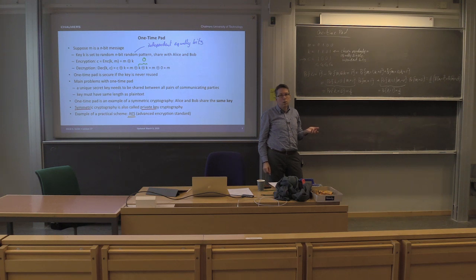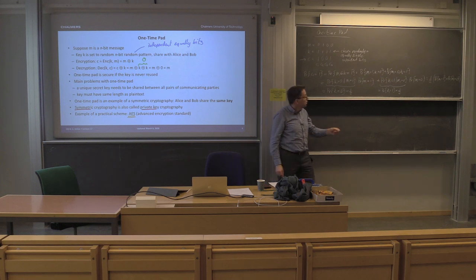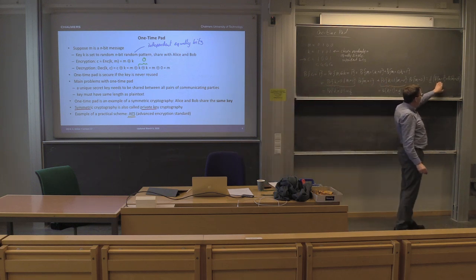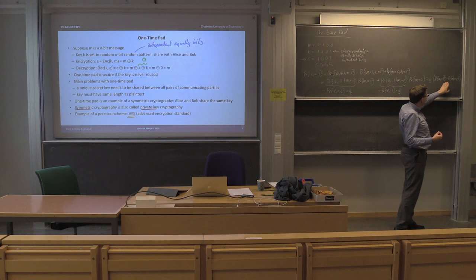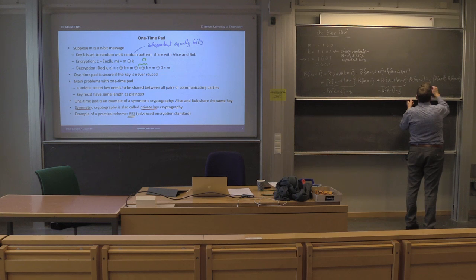Well, isn't that just equal to 0.5 altogether? Yeah, exactly. So here's the probability that M1 is equal to 1 plus the probability that it is 0. It's either 1 or 0, right? We don't know the individual probabilities, but when we add them up, it's 1. Okay, so this is equal to 1/2.